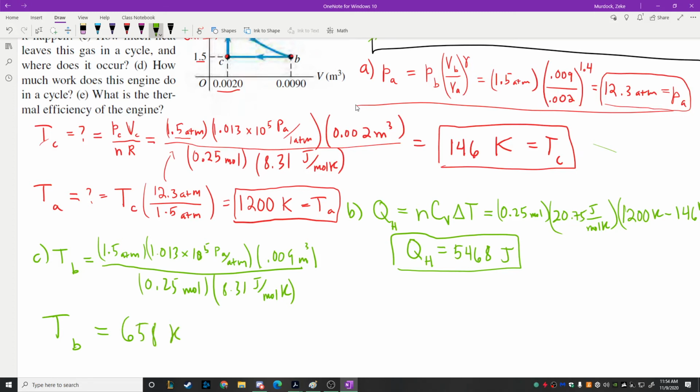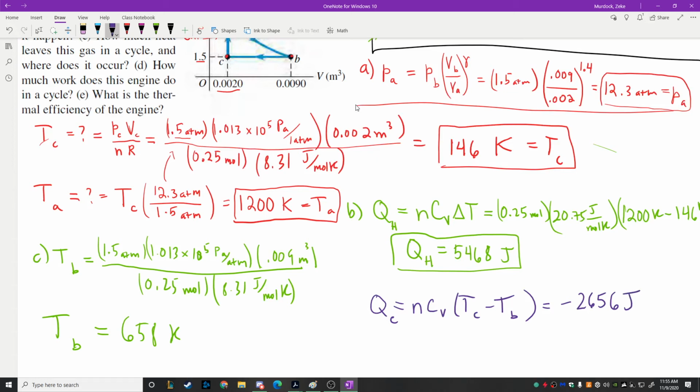And then we plug that into the same equation from before. So now we'll call this QC. And QC is going to be equal to nCV times, now it's going to be final temperature TC minus TB. So we can see TC and we can see TB. When I did this calculation, I got negative 2656 joules.